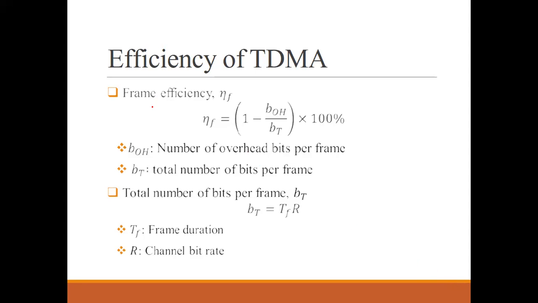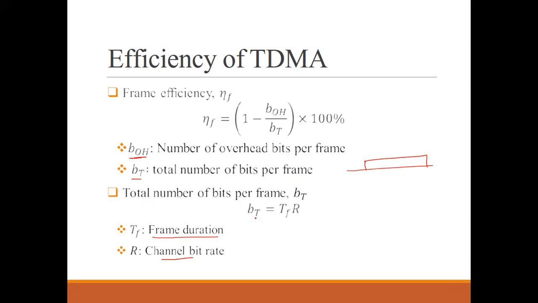So here we have frame efficiency, where BOH is the number of overhead bits per frame, BT is the total number of bits per frame, and BT will be nothing but TF into R, where TF is the frame duration, and R is the channel bit rate.